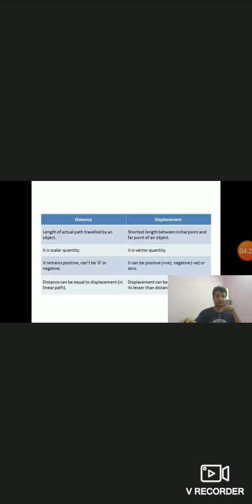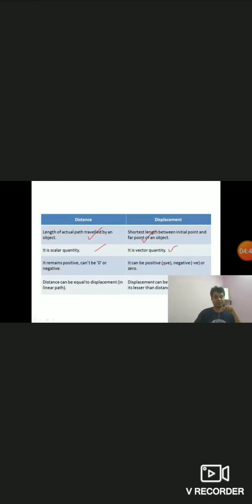Okay, so the difference between distance and displacement. Distance is the length of the actual path traveled by an object. But the shortest length between the initial point and final point of an object is called displacement. Distance is a scalar quantity, and displacement is a vector quantity.